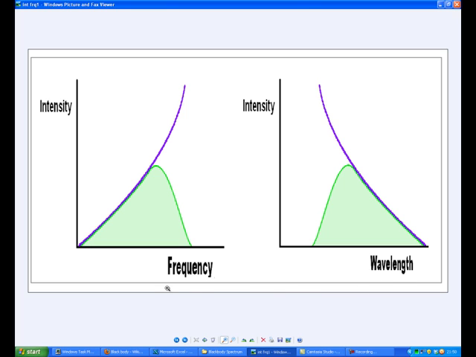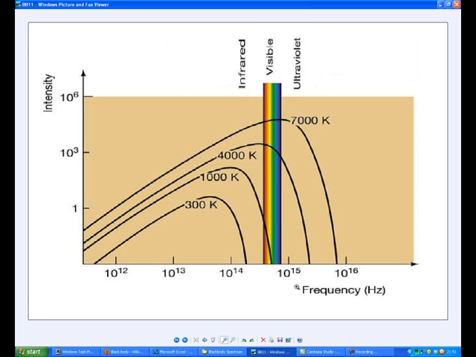Now in physics it's possible to draw the graphs in both ways, and let me give you some examples of that. So this graph uses intensity against frequency. These numbers with a K after them, 300, 1000, 4000 and 7000 K, those numbers represent the temperature of the body emitting electromagnetic radiation.